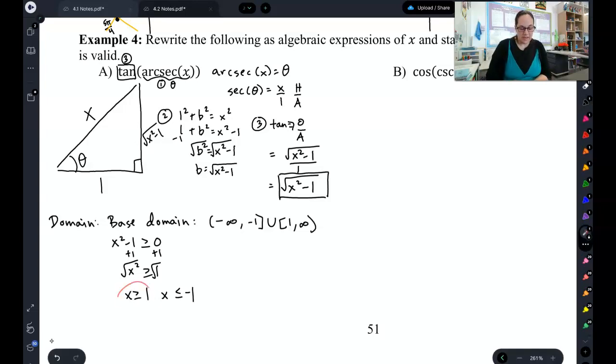So this says x needs to be greater than 1, which is this part of the domain, check. And x needs to be less than negative 1, which is this part of the domain, check. So our answer matches the domain we've got. We don't need to make any adjustments. We're good to go.